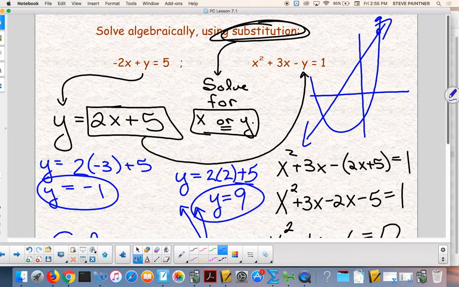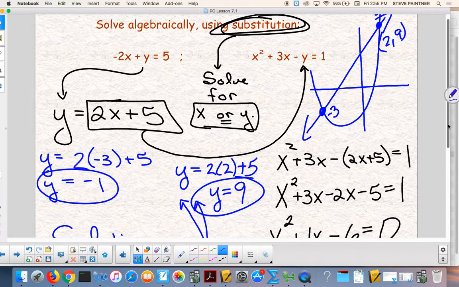Okay, and if you look at it, there's that answer that we got. What was it again? 2, 9, I think that's 2, 9. And this answer is, I believe, negative 3 comma negative 1. There you go. So that's why you got two answers. You had linear meets up with quadratic.